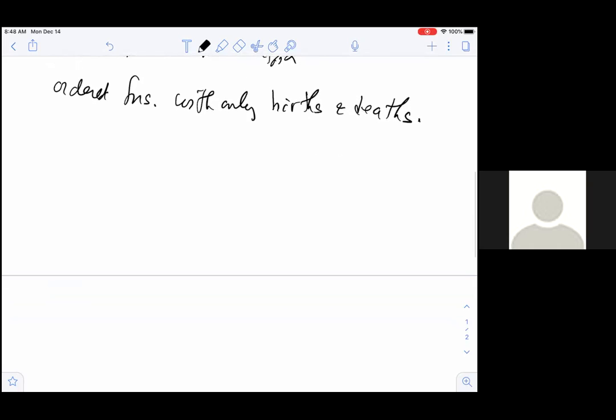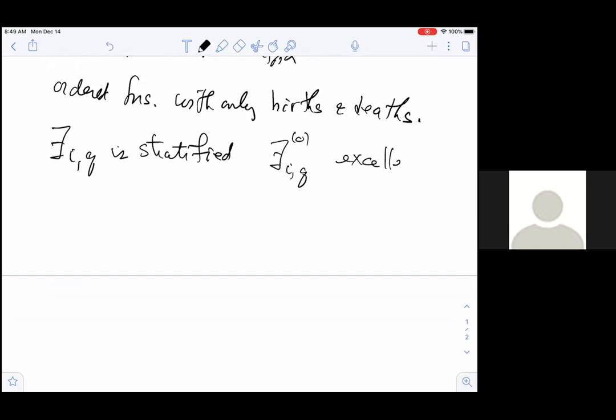But let me repeat what I said a minute ago in a little more detail. This space is stratified. So it's not just the top stratum. Those would be the excellent Morse functions. So FIQ0 would be excellent Morse functions, which are ordered with Q critical points of index I and Q of index I plus 1.